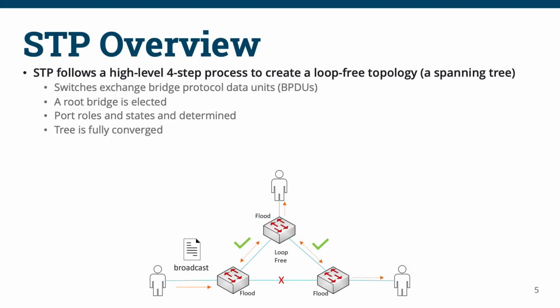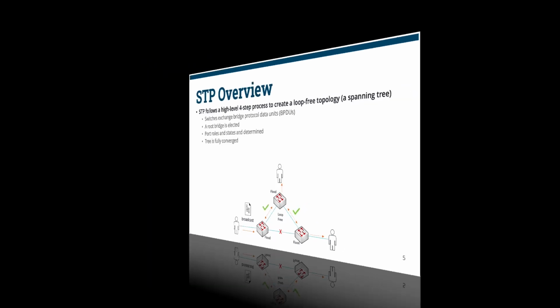And once all port states and roles have been determined, the tree in STP is fully converged and in a steady state. Now that we have a high-level overview of how STP operates, let's take a look at some of the key terms we need to know to talk about STP.